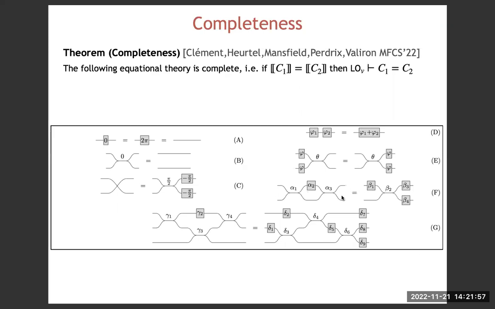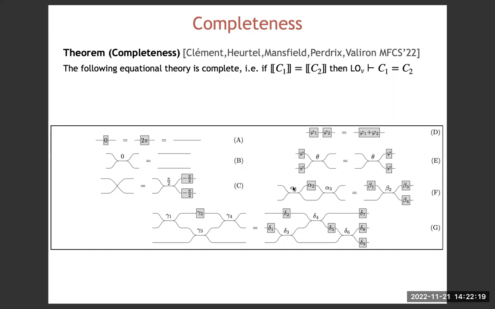Here you can see that you have several different angles. So it means that for any values of the angles on the left, there exists a value of the angles on the right such that the equation is true. So it's really an Euler kind of equation. And actually F is nothing but the Euler decomposition.